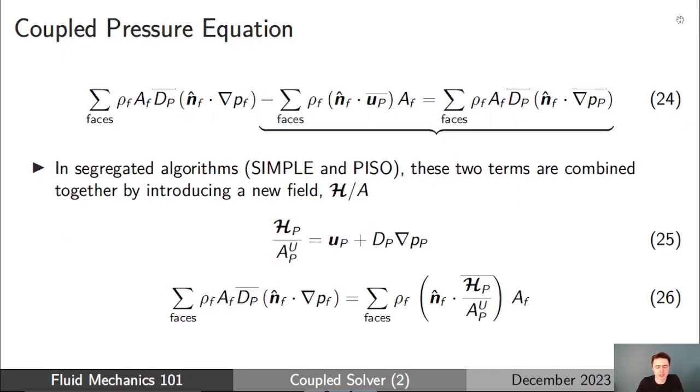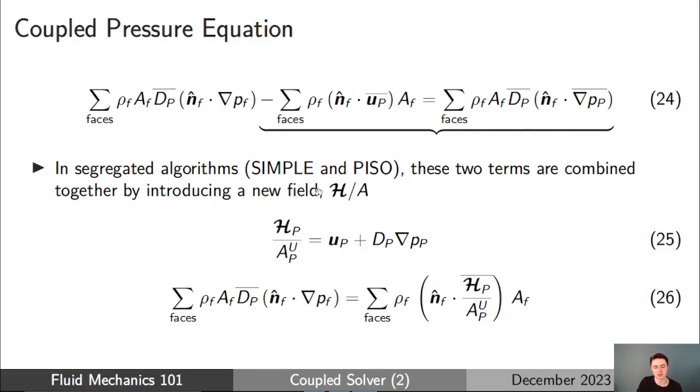And the point I wanted to make is, if we just focus on the second two terms here, the velocity term which we treated implicitly on the left-hand side, and our source term there on the right-hand side, in modern segregated algorithms, like the algorithm you may see in OpenFOAM, these two terms are actually combined together.